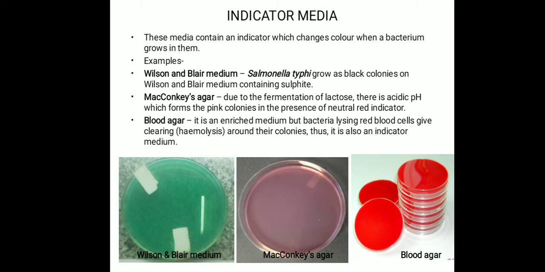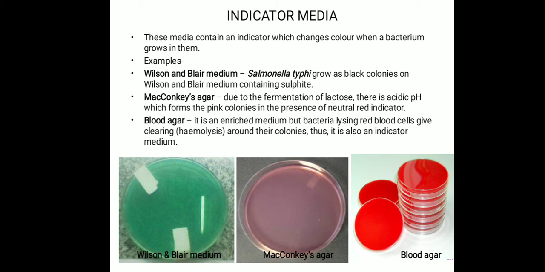In Wilson and Blair medium, Salmonella typhi grows as black colonies on the medium containing sulfide. Then in case of MacConkey, due to fermentation of lactose, as we have discussed just now, there is acidic pH which forms the pink colonies in the presence of the neutral red indicator.